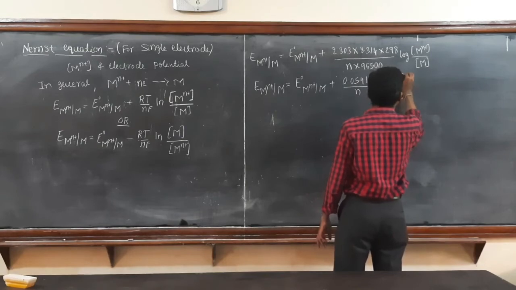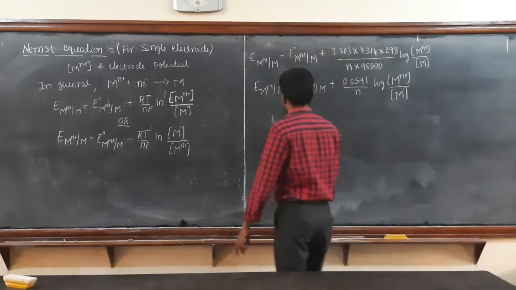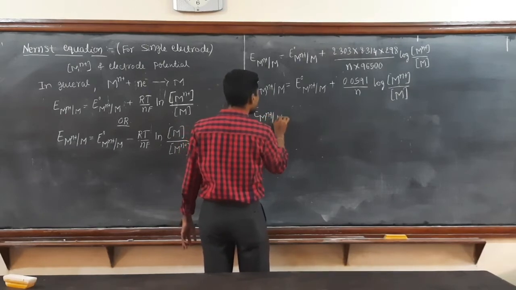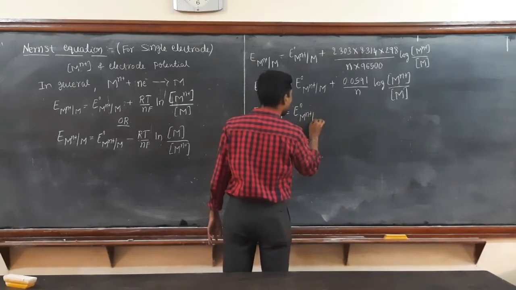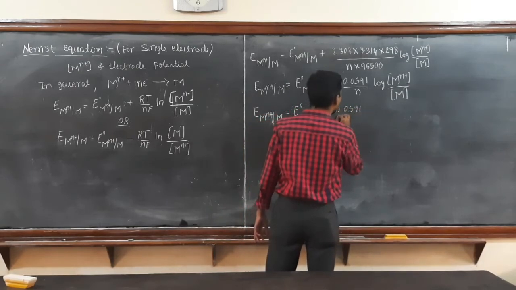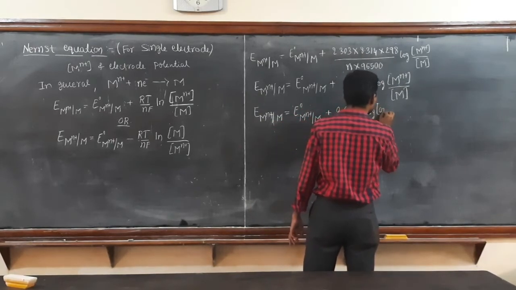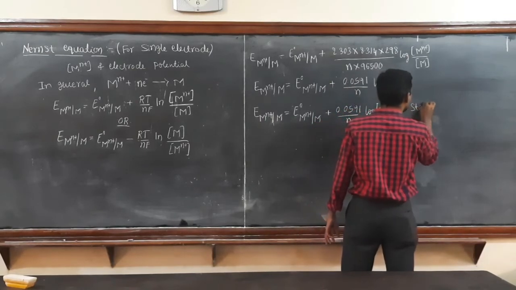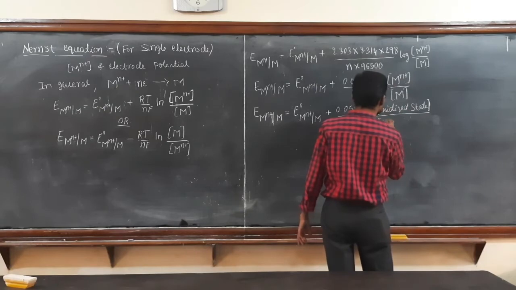The same equation can be written as E equals E naught plus 0.0591 divided by n log of the concentration of the oxidized state divided by the concentration of the reduced state.